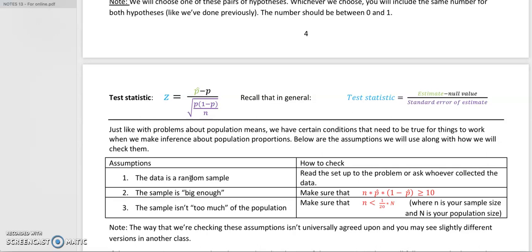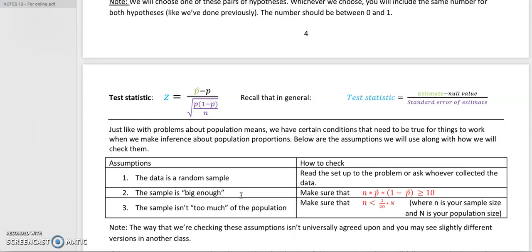So the first thing we need is that our sample is big enough. The reason behind it is that we said that our sampling distribution, if we took a whole bunch of random samples and calculated this number, would be a normal or bell-shaped distribution. Now, if our sample size is pretty small, let's say 4, there's only so many different things that could happen when you're talking about proportions.